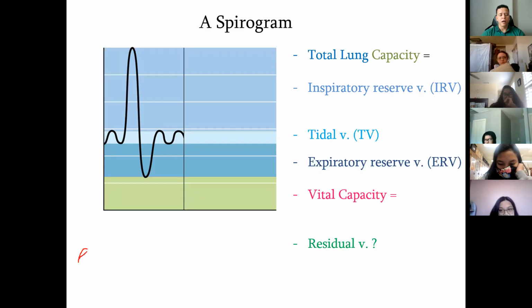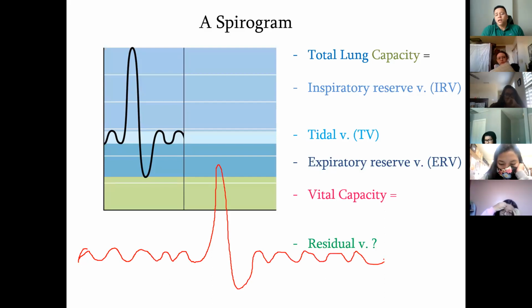You're going to inhale, exhale, inhale, exhale, inhale, exhale, inhale, exhale, inhale, exhale. After the 5th normal breath, you're going to inhale as hard as you can, and then you're going to exhale as hard as you can. And then you're going to, again, breathe normally 5 times, okay?